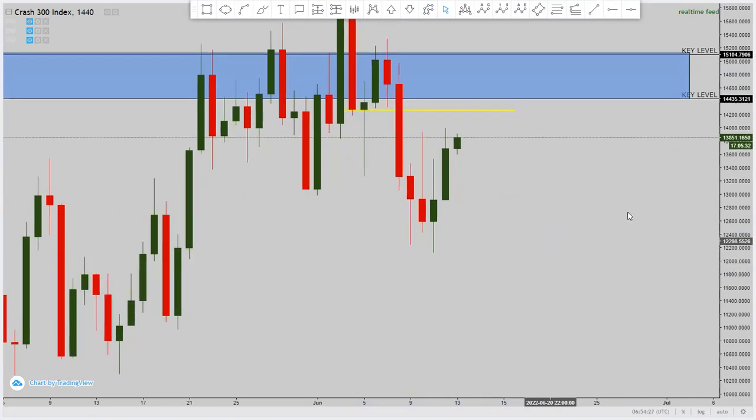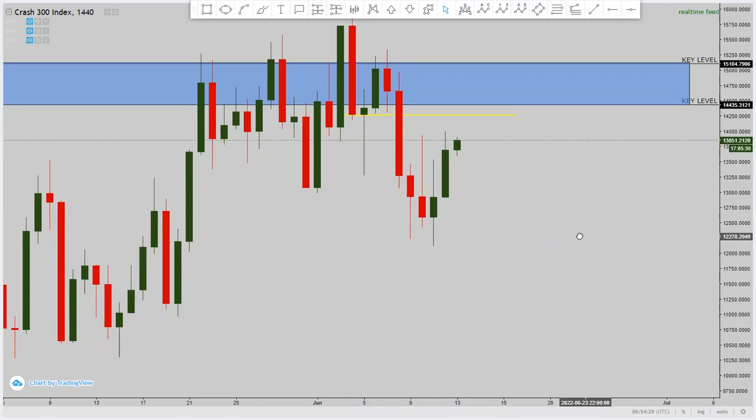So the buys that have been happening, if someone is not aware of what is happening on the higher time frame, someone might actually think Crash 300 is uptrending. Yet there might not even be such an uptrend, but basically it would be simply a retest to a major area like that.